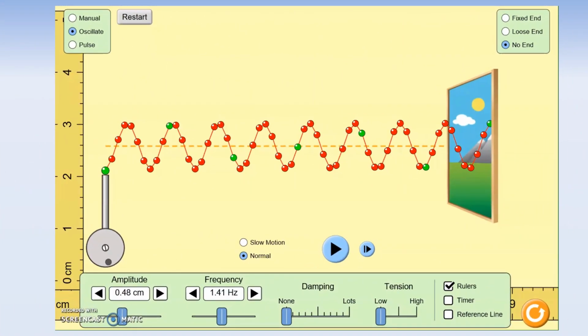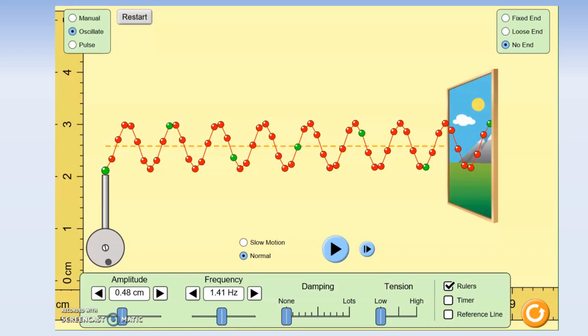So in this simulation, we'll take a look at some of the factors that affect wave power. Remember that the power of a wave is a measure of the rate at which energy is transferred across the medium, the rate at which energy travels in the medium. So really, there's two factors that should affect the power of a wave, when we look at the definition of power as a measure of the amount of energy per unit time.